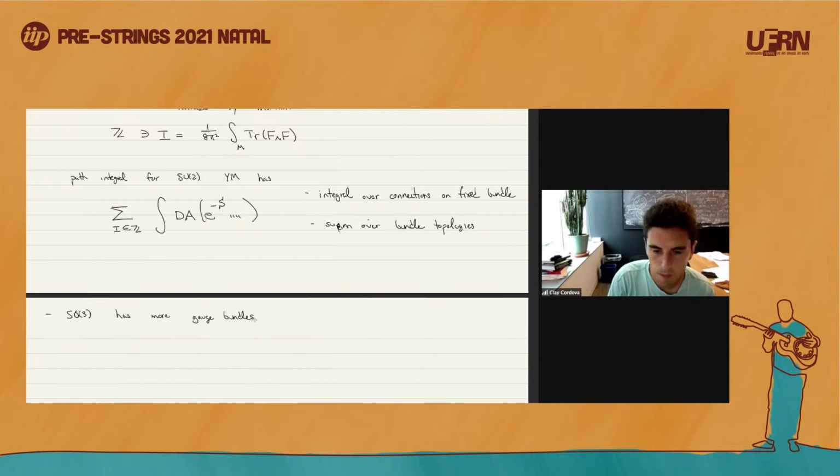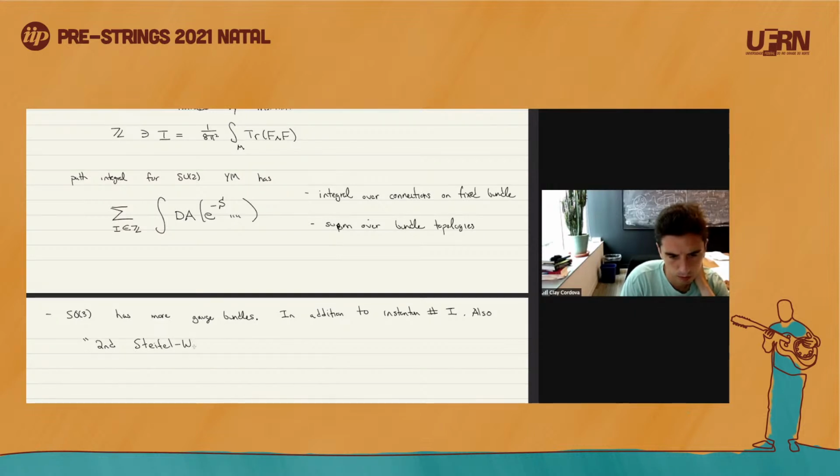So in addition to the instanton number, there is now another invariant. This other invariant is the so-called second Stiefel-Whitney class. It is commonly denoted as w_2.